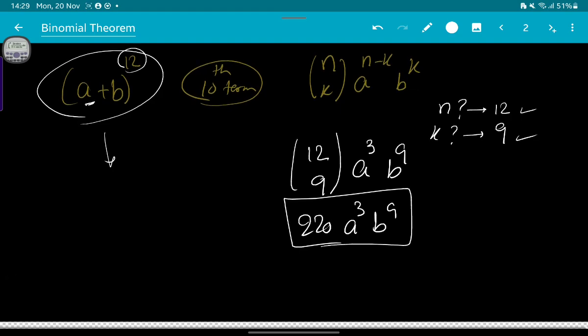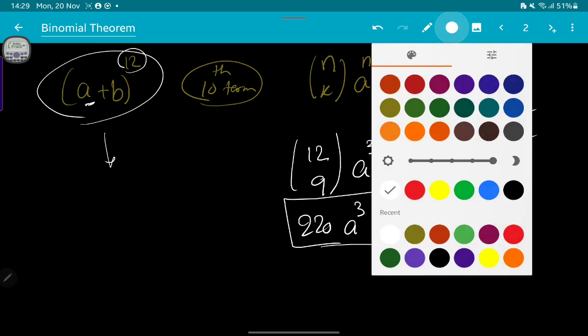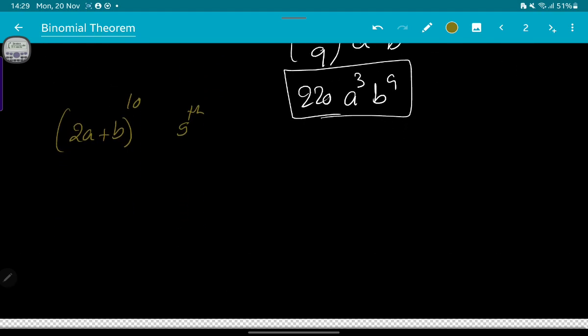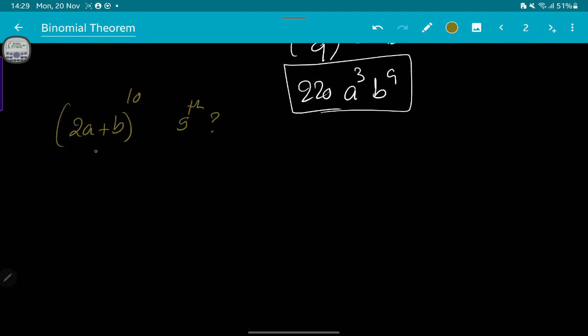Different one using the same formula. In (2a + b) power 10, we need the 5th term. So here n equals 10, k equals 4. 5 minus 1 is 4.